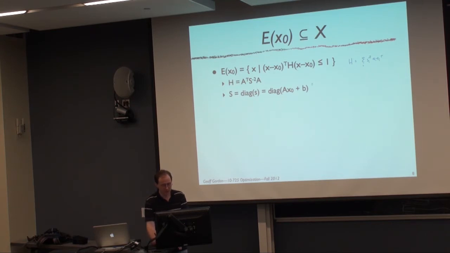If we just write this out like that, this is the same as saying that the sum over i of the quantity ai transpose (x minus x0) over si, norm squared, is less than or equal to 1.